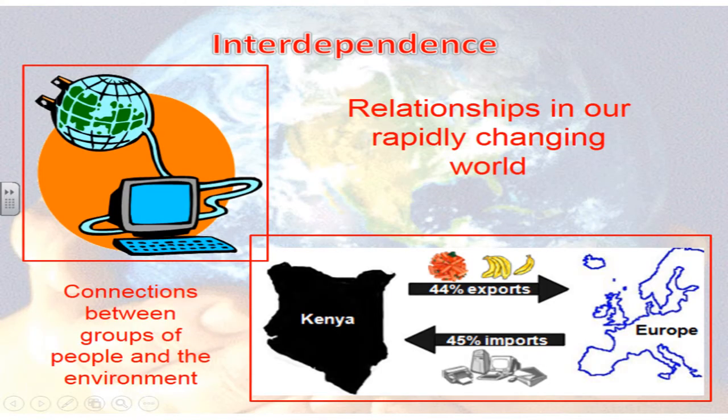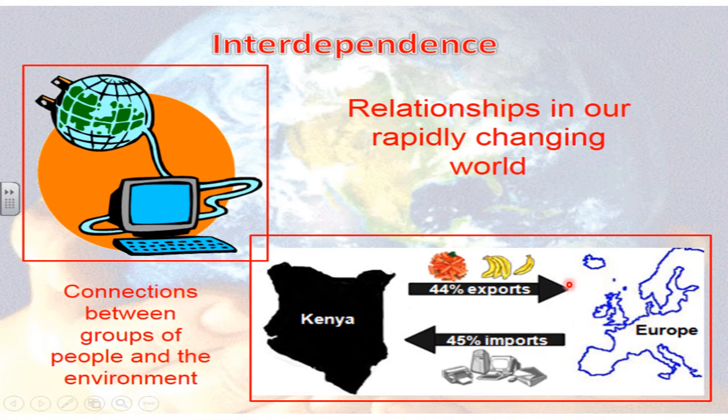Interdependence or interconnection means connection between groups of people and the environment. Relationship in our rapidly changing world. This is Kenya and this is Europe, and they are interlinked with each other. Why?